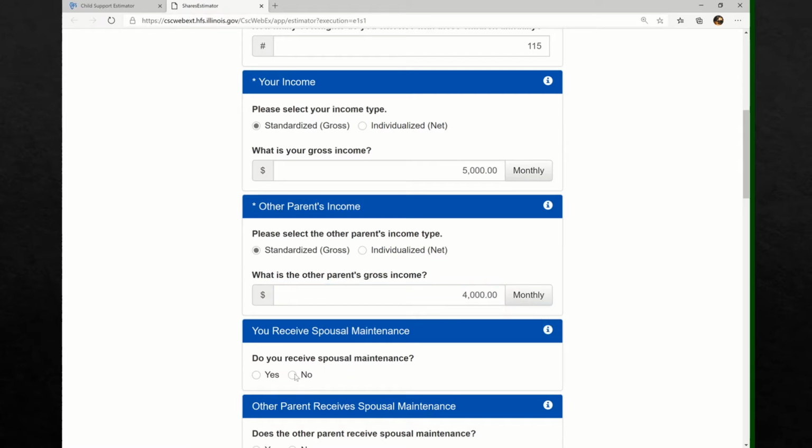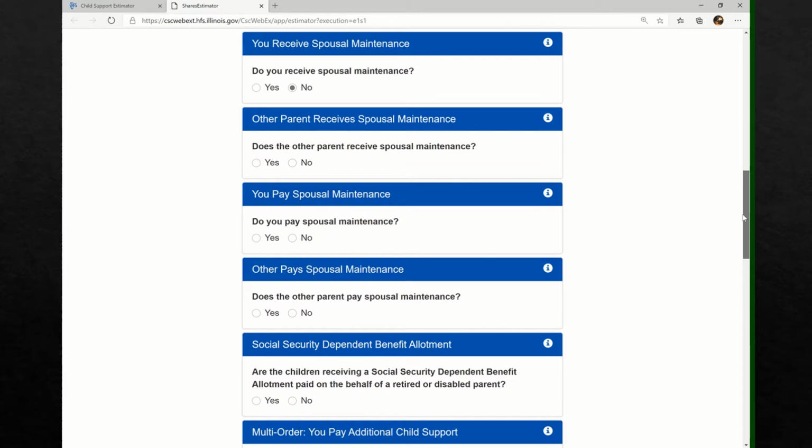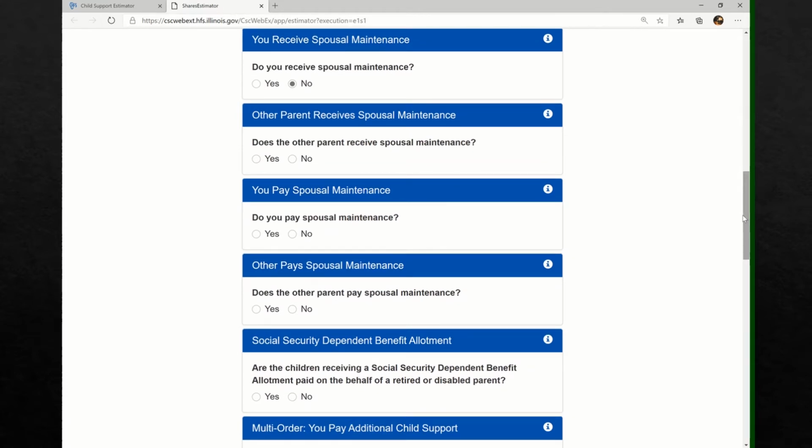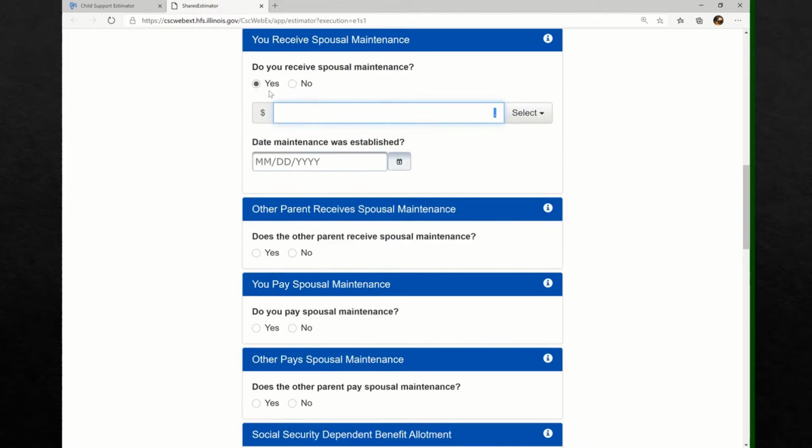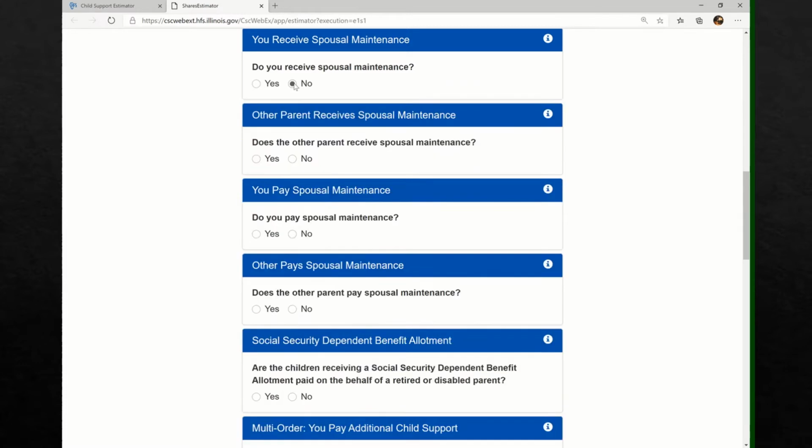Do you receive spousal maintenance? Let's say for the simplicity of this calculator, nobody receives or gives any spousal maintenance. Of course, if you do, then you can click yes and you can enter the value here and the date the maintenance was established. But for this example, let's just say nobody receives spousal maintenance. Does the other parent receive?